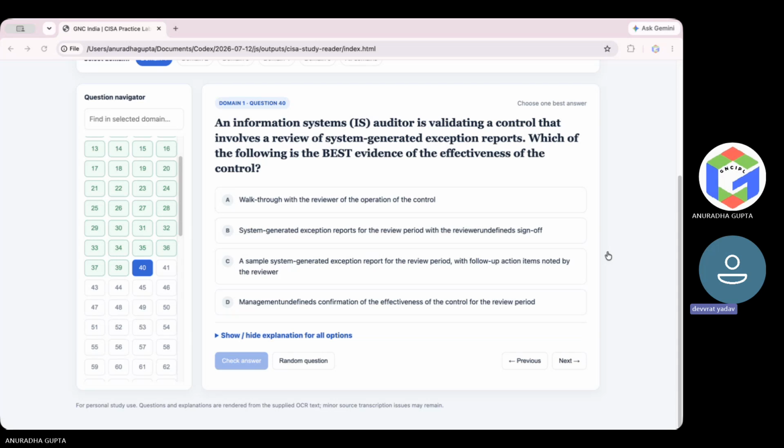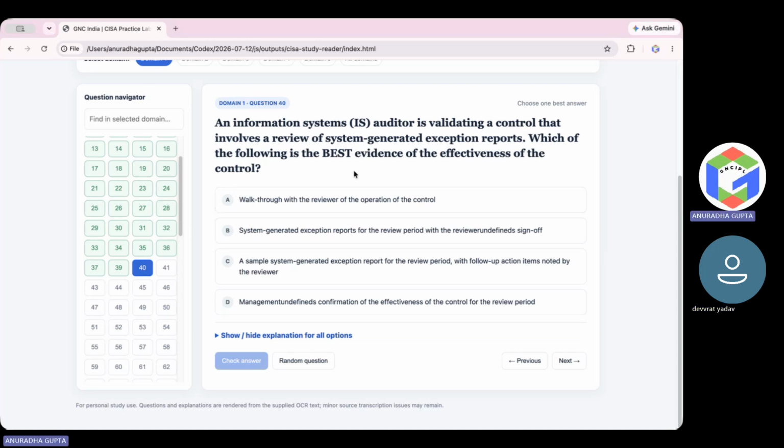System generated report with the review period with the reviewer sign off, walk through with the reviewer of the operation of the control. The sample system generated exception report for the review period with follow-up action items noted by the reviewer. Yes, I think C is more accurate.